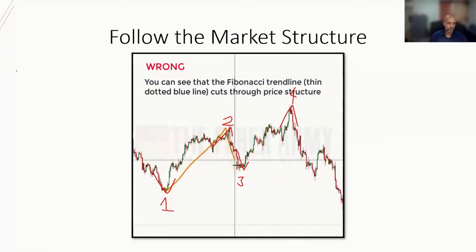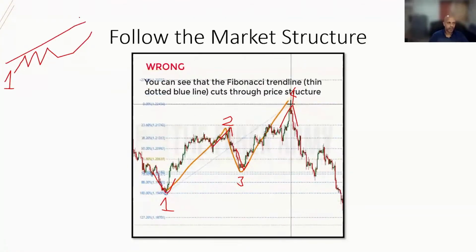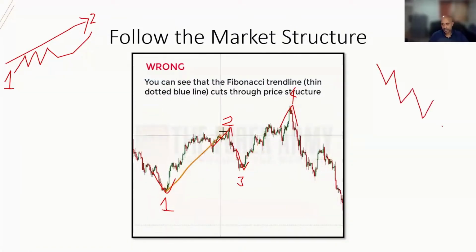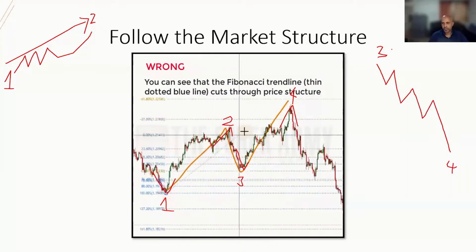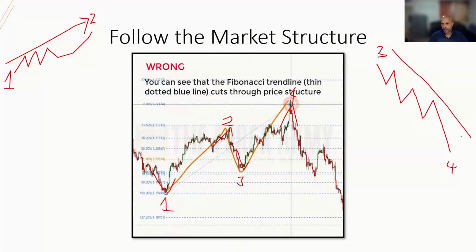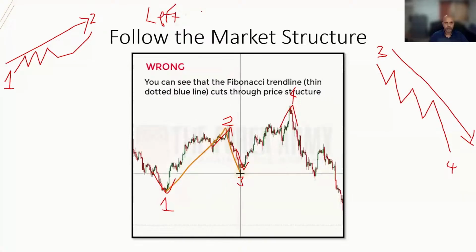So if it's an uptrend, if market structure is going up, we always go from point 1 on the bottom left to point 2 on the top right. Similarly, when we have a market structure that's showing a strong downturn, we're going to go from point 3 to point 4. That means we're going to go from top left to bottom right. Remember, Fibonacci is always left to right.